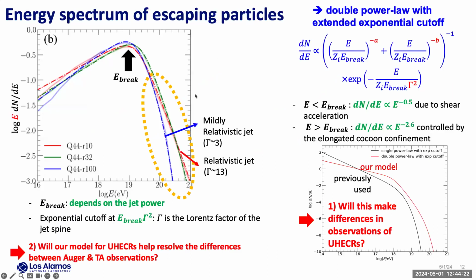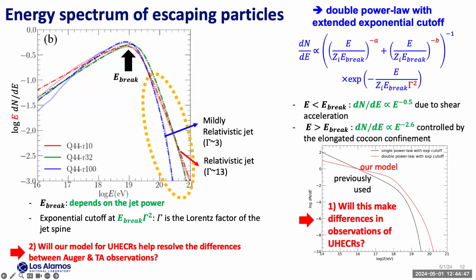And next, let's talk about the energy spectra. So through the acceleration in the jet flow, they generate a double power law with exponential cutoff energy spectrum. The equation is here.